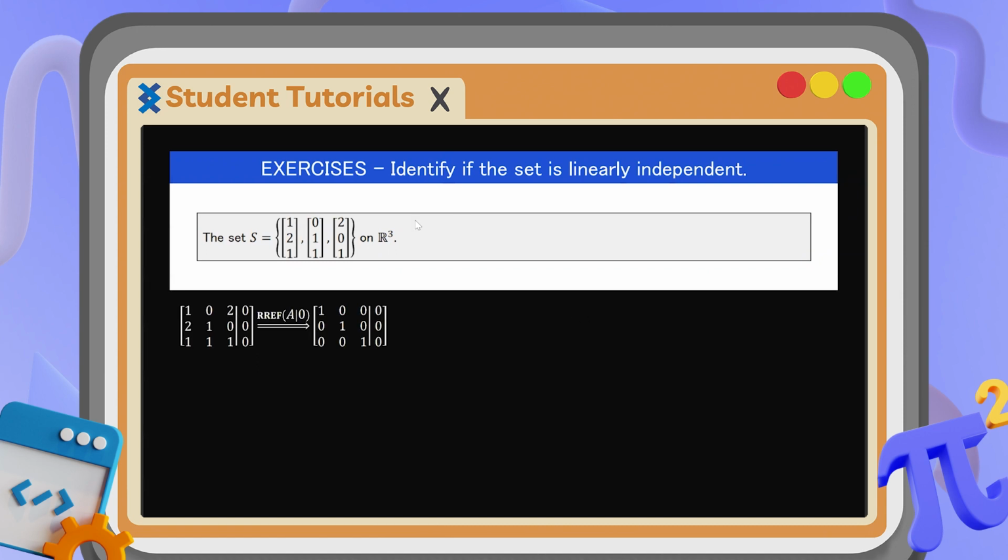Notice that our solution has all the constants equal to 0, assuming that we are multiplying this identity matrix with the variable matrix a, b, and c, which are the scalars multiplied to each vector. Since all of the scalars are equal to 0, it is linearly independent.